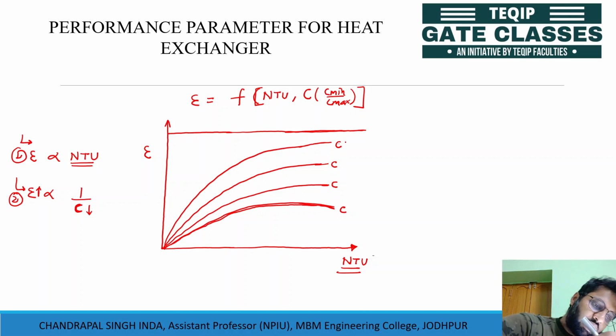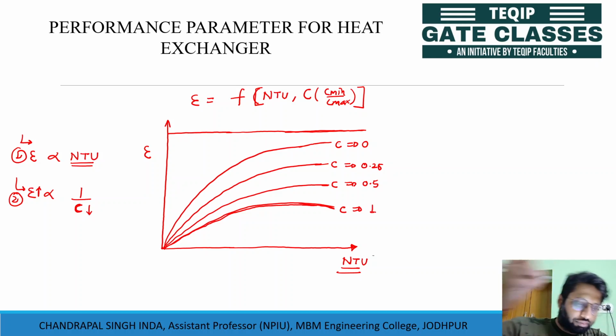So the top curve will be related to C equal to 0, then 0.25, then 0.5, and 1. So this is how the effectiveness varies, depending upon two parameters: first NTU and another one the heat storage capacity ratio.